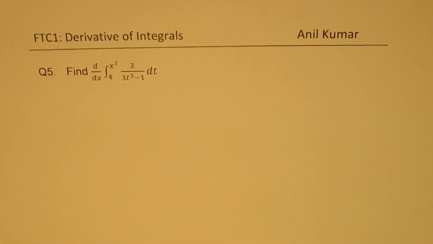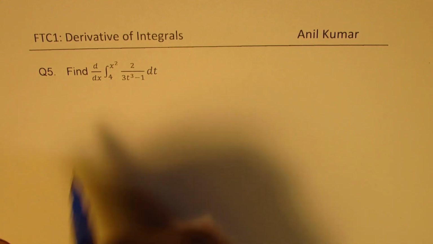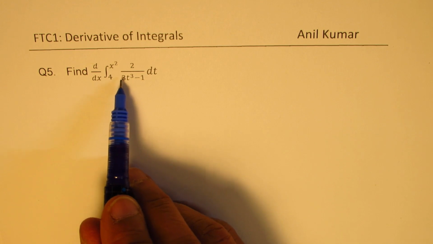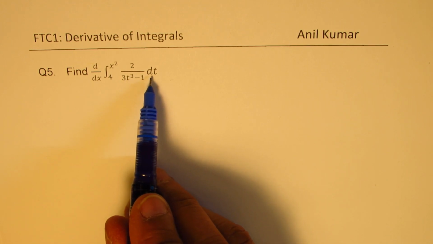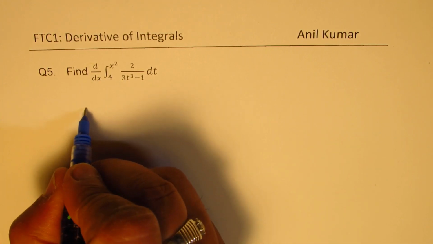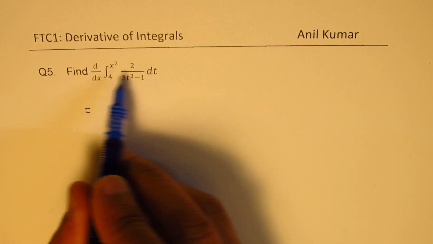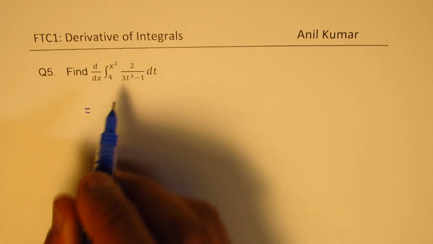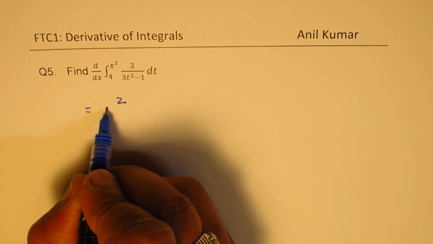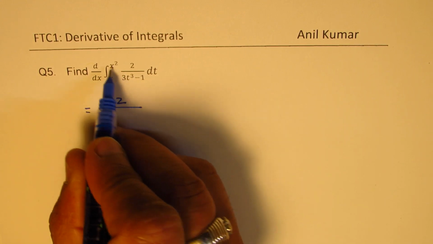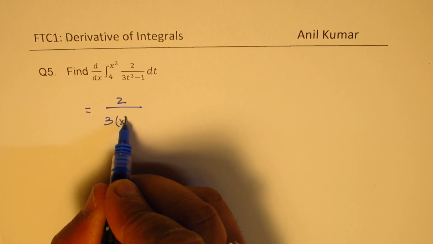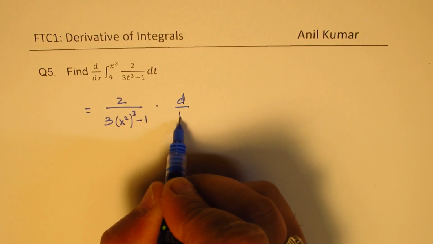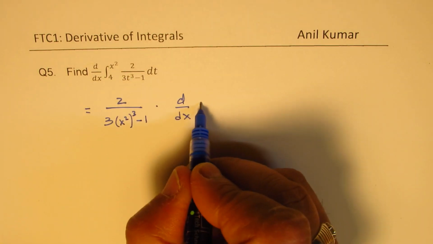The last question here is d dx of the integral from 4 to x squared of 2 over 3 t cubed minus 1 dt, right? We'll apply the fundamental theorem. In this case, it is going to be the integrand, which is 2 over 3, with t as x squared, so x squared whole cube minus 1, times the derivative of x squared.